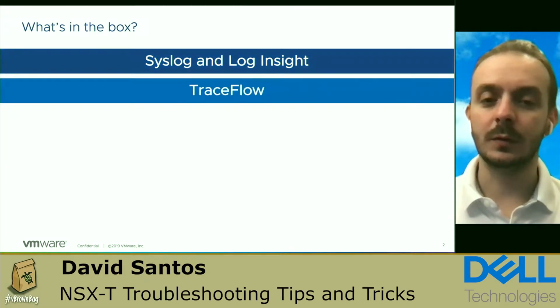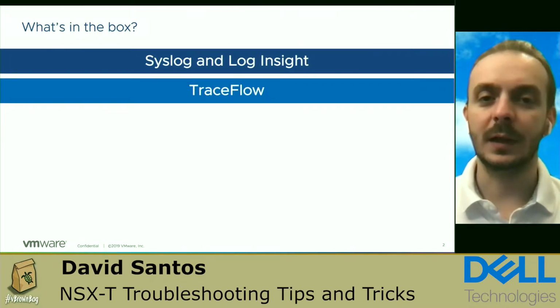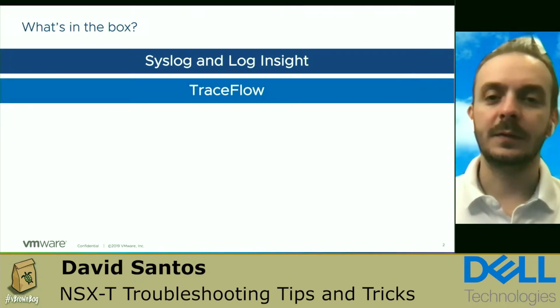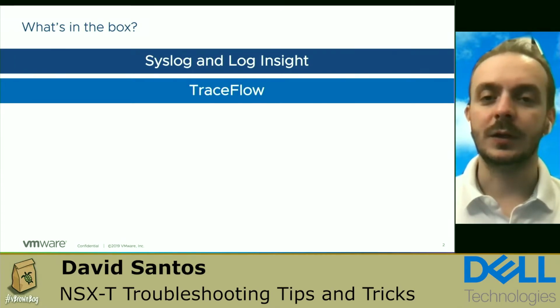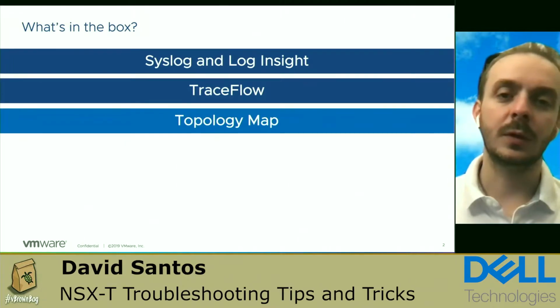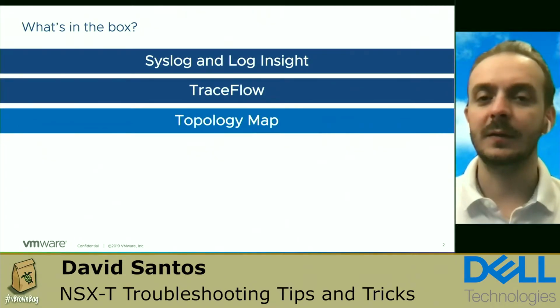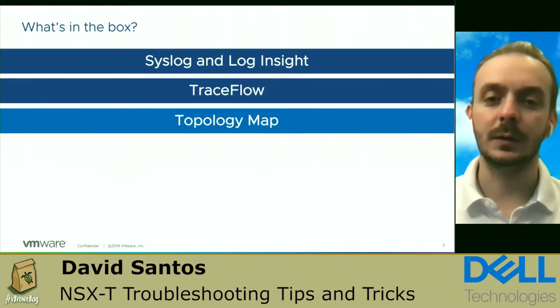We also have Traceflow, a powerful tool where you can select the source and destination workloads and check the path between those two workloads. Also the topology map, something new in 3.0, where you can see all the segments, T1s and T0s that we have configured in our network.